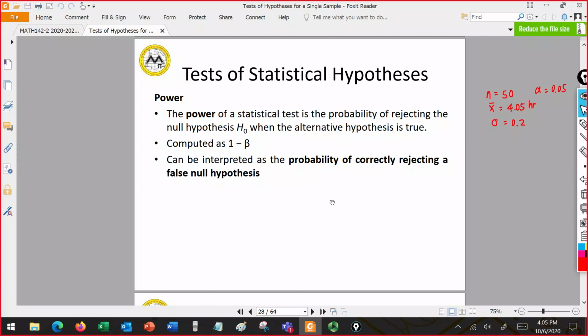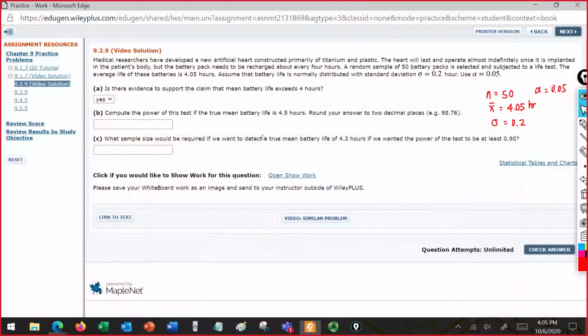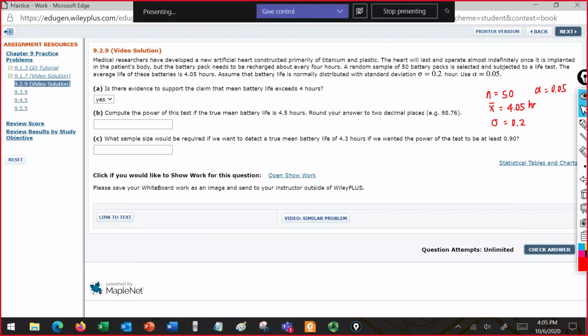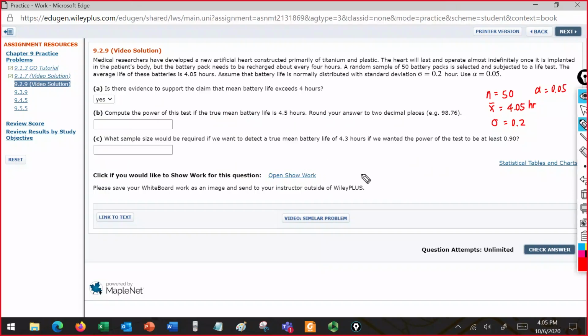So this is also the probability of correctly rejecting a false null hypothesis. Of course, we start with beta first.